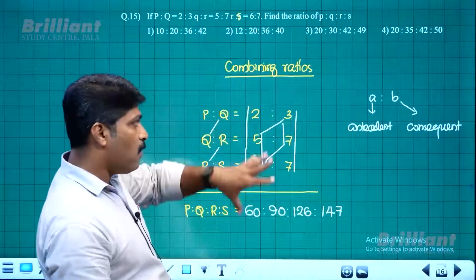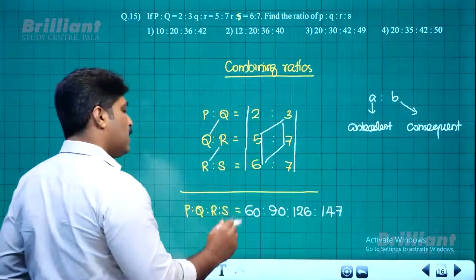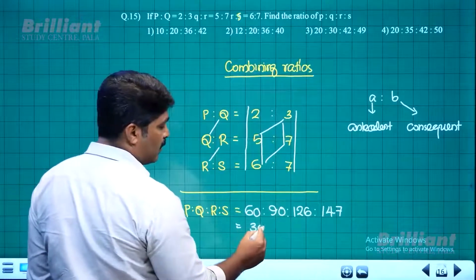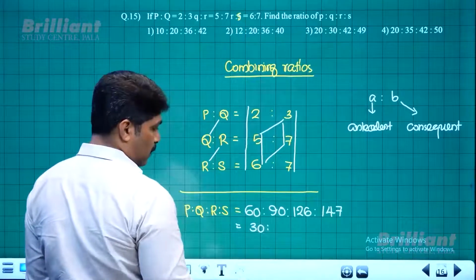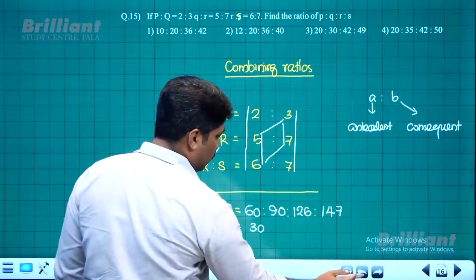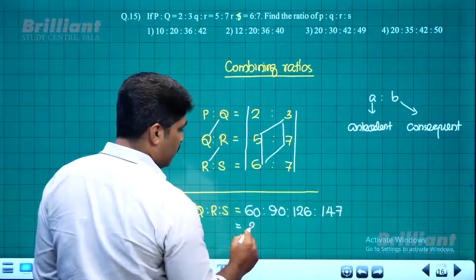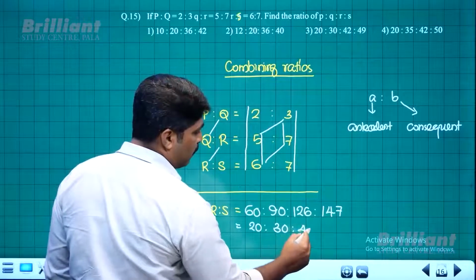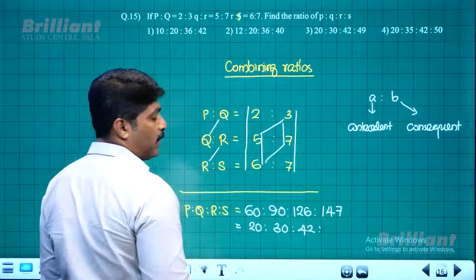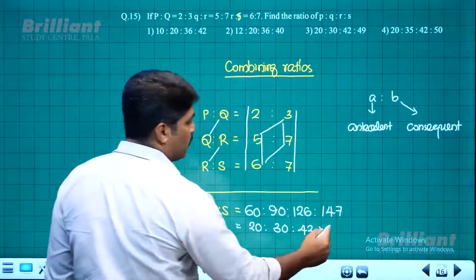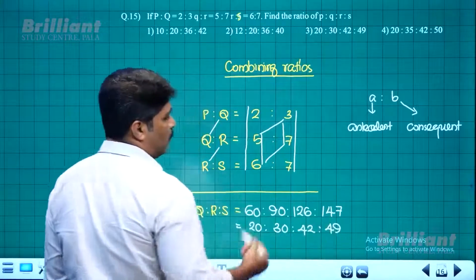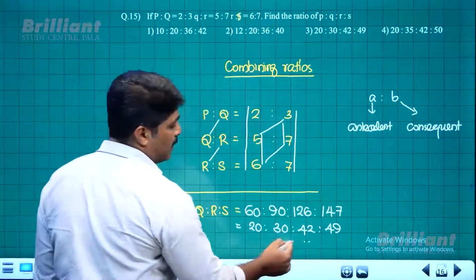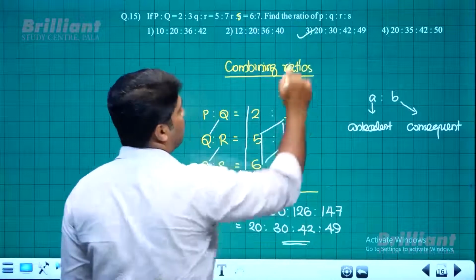So understand that order of operation. Here 3 is a common factor. When we divide this value by 3, this is 30. So the first value is 20, the second one 30, the third one 42, and the fourth one will become 49. So this is the simplified form, therefore which will be the answer. Here the answer is option 3.